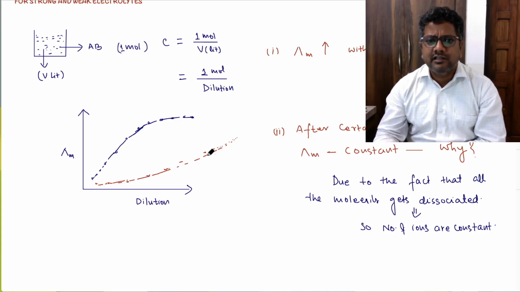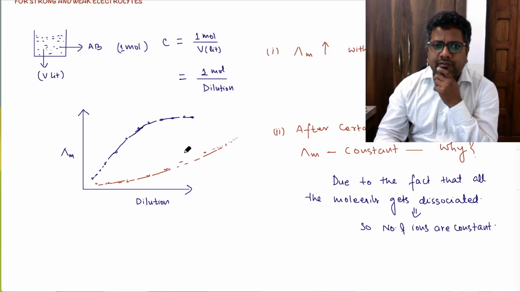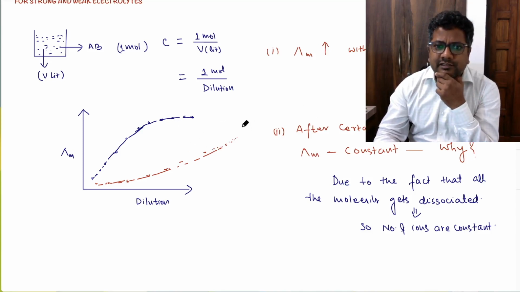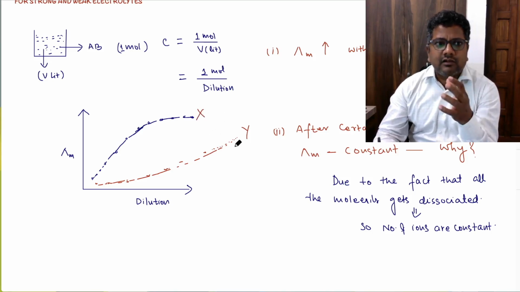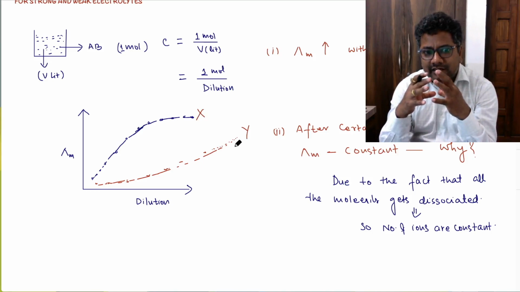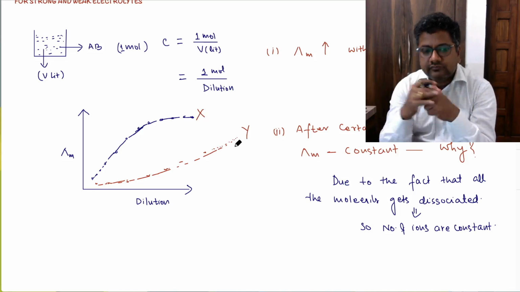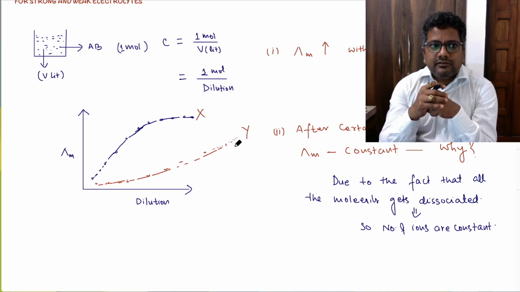What argument can we make comparing these two? Suppose this is the y electrolyte and this is the x electrolyte. What conclusion can we find regarding these x and y?